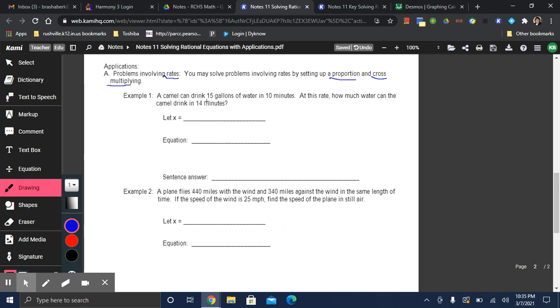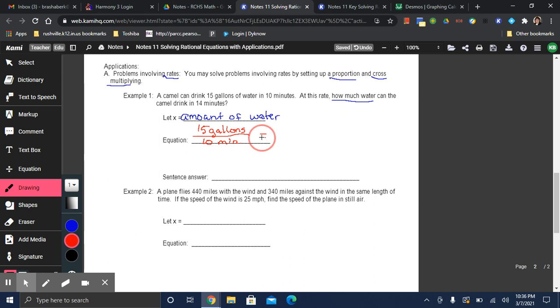So here we have a camel can drink 15 gallons of water in 10 minutes. At this rate, how much water can the camel drink in 14 minutes? So your variable would be how much water. So x equals the amount of water. And then your equation, we could go 15 gallons, and if you want to put the units to help, in 10 minutes.